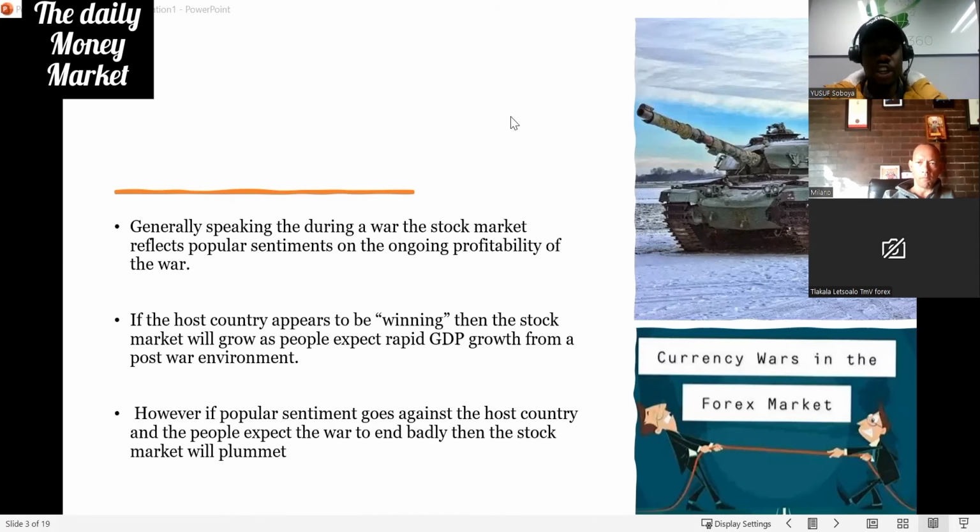Because if you're a trader, you have a great opportunity to make so much money, whether there's a conflict or there's no conflict, whether there's a war or there's no war. We just have to know what's going on with that particular conflict and choose a specific instrument to focus on at that particular time.